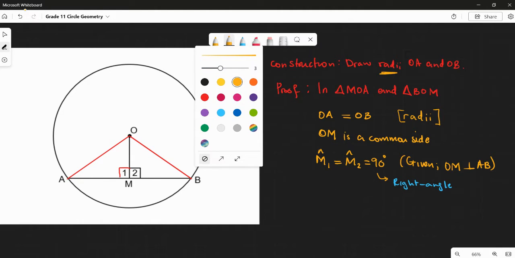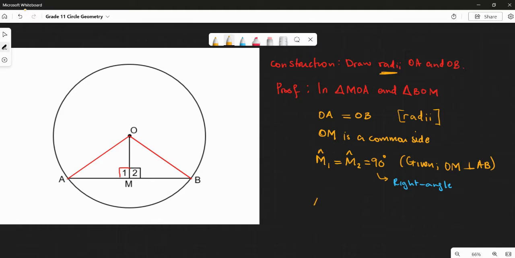the two triangles, let me just write it as AOM, must be congruent to triangle. Now, look at how I wrote it at the end there, but it doesn't matter for the first triangle.